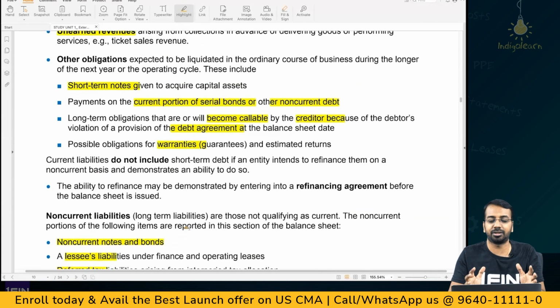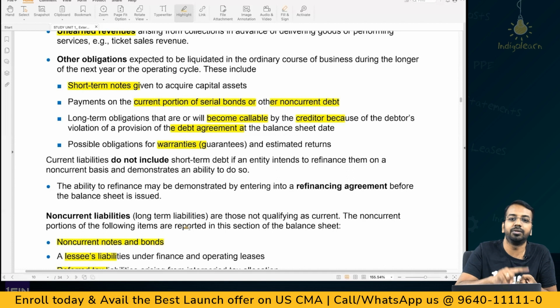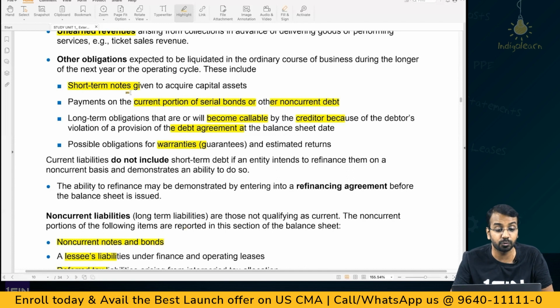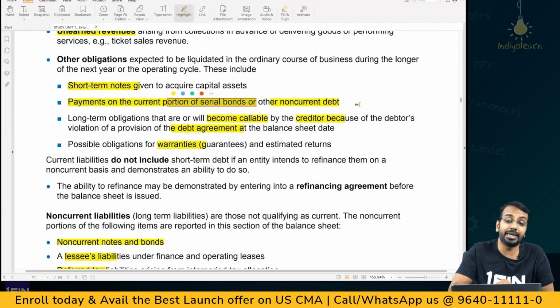Now, in the entire discussion of current and non-current, two things you have to keep in mind. One, 12 months or operating cycle, whichever is greater. And specifically for liabilities, the two key portions where the likelihood of you being tested in the examination is high: first, the current portion of non-current debt.